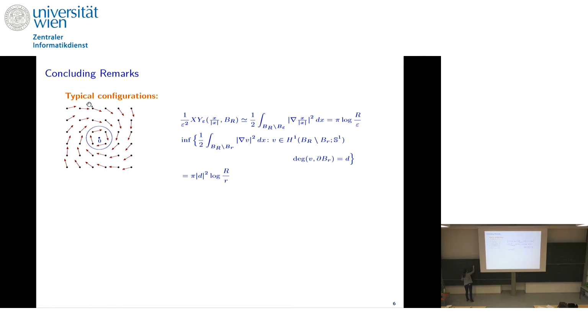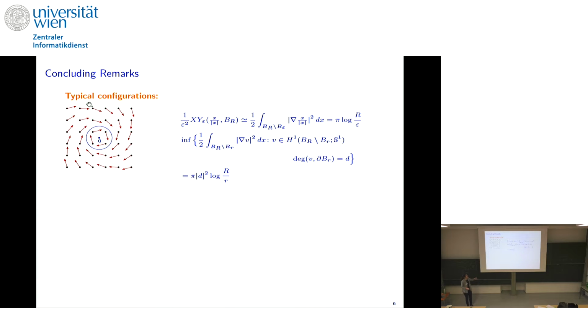I'm just saying that my Sobolev function should turn around maybe 2 times here. Then this energy is bounded from below by, again, the same logarithmic contribution, outer radius divided by inner radius, multiplied by the degree squared.